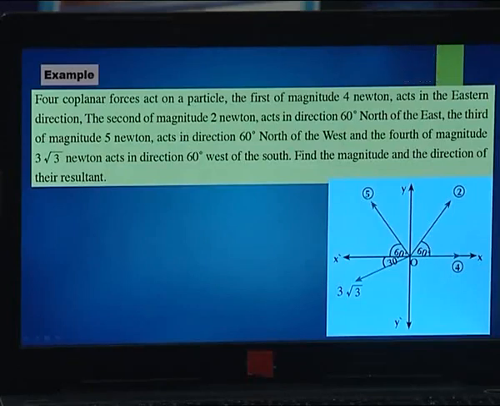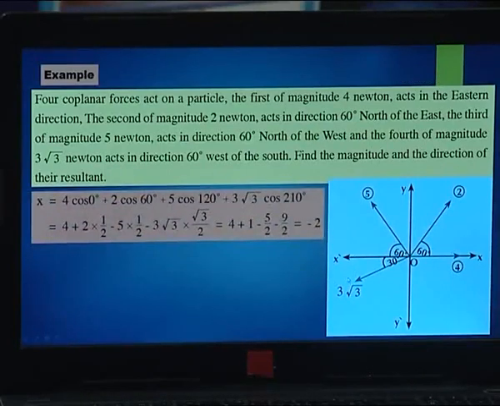We have 5 here. The force 5 acts north of west, so concentrate on west: the angle between the force and west equals 60 degrees. And 3√3 acts south of east, not east of south. South of east means this angle is between the fourth force and east, which is mentioned last.